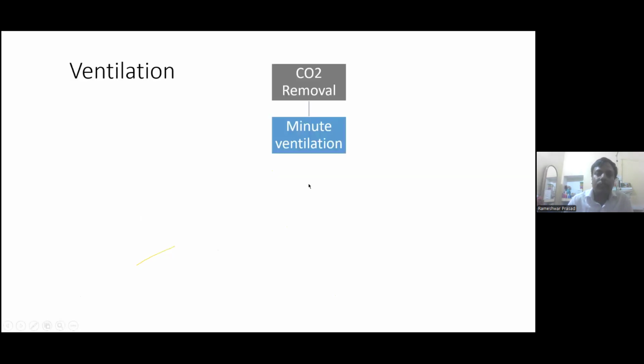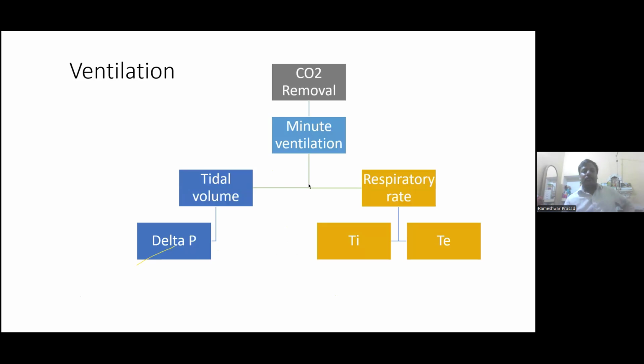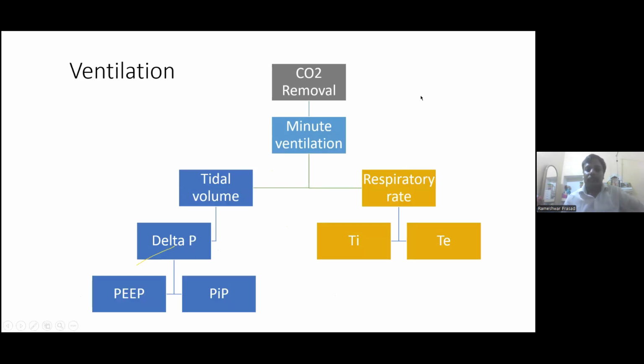Now, how will you improve carbon dioxide removal? How will you treat hypercarbia? It will totally depend on minute ventilation, and minute ventilation depends on tidal volume and respiratory rate. And respiratory rate will again depend on TI and TE, and tidal volume will depend on delta P, that is PEEP minus PIP.